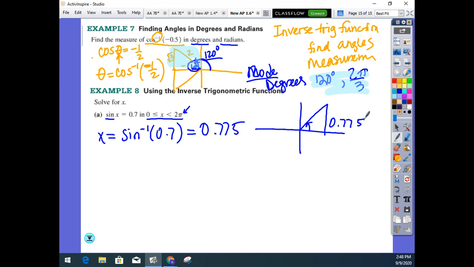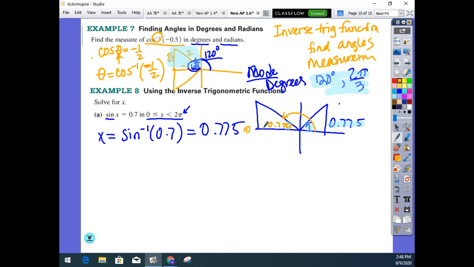Where else between 0 and 2 pi is sine positive? Right here. Now guess what? This is this angle. It's also the reference angle in the second. So if this angle here is 0.775 and this is pi, how would I find this angle?